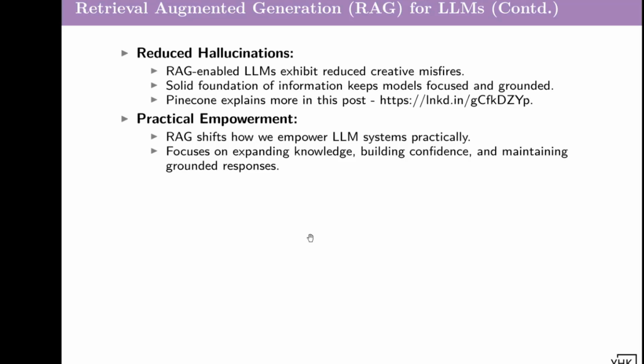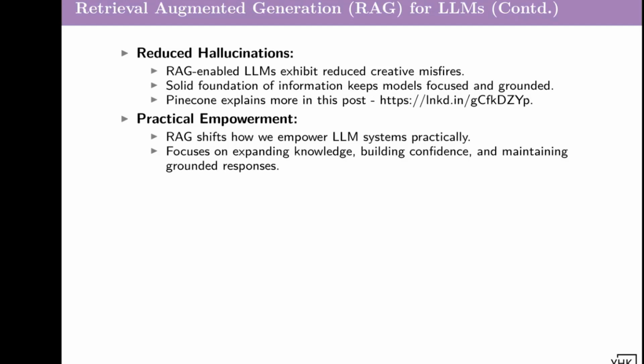And of course, reduced hallucinations, meaning the answers, responses have to be factually correct. They have to be correct and not blatant lies. And the last thing is practical empowerment, meaning they have to be practical.